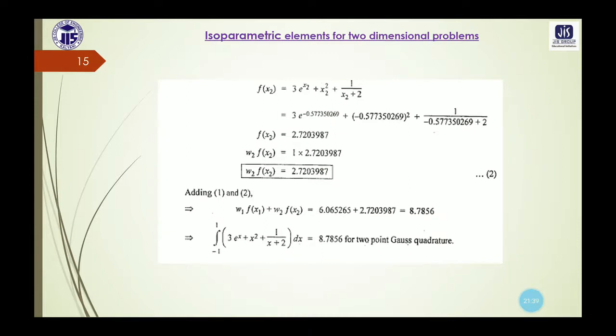So next we need to find the value of f(x2). So it is 3e^(x2) + x2² + 1/(x2+2).